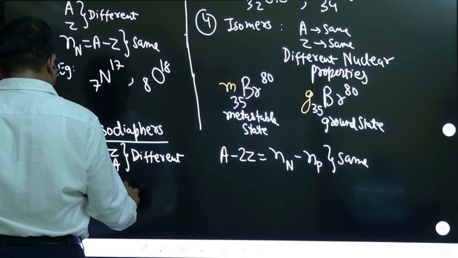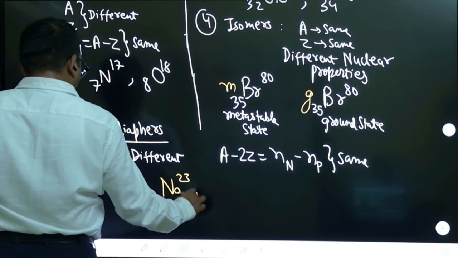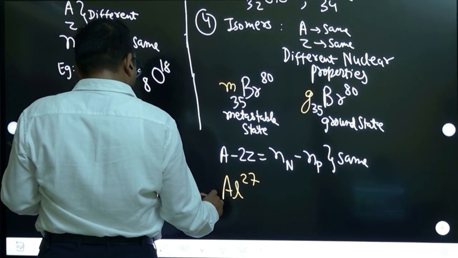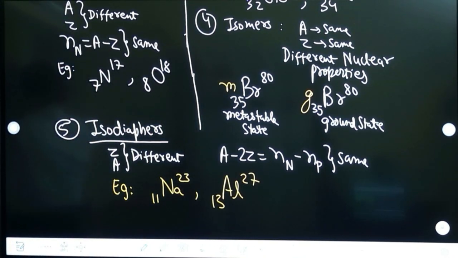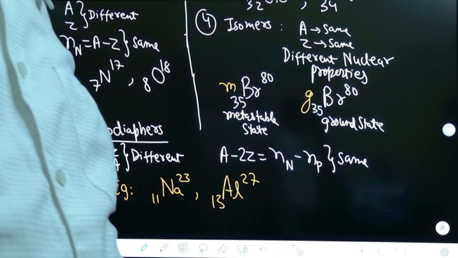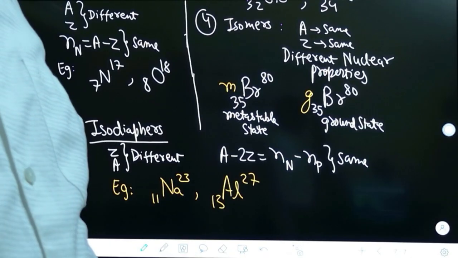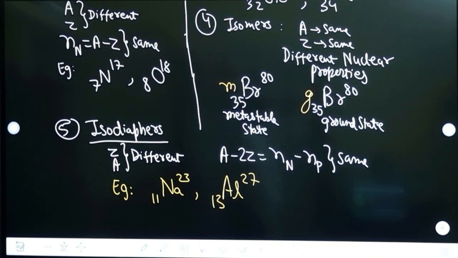Example is sodium and aluminum. So they have A minus 2Z the same, right? These are the different types of nucleus. We have covered all this. We need to mark up all this. Of course, in objective questions, they may ask which of them are what, right?